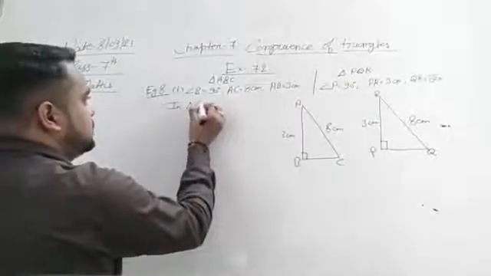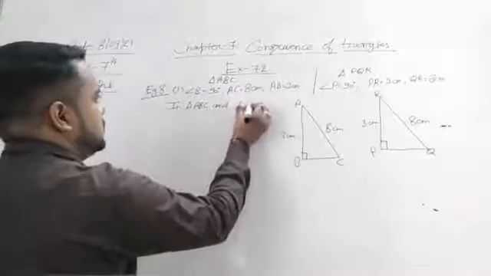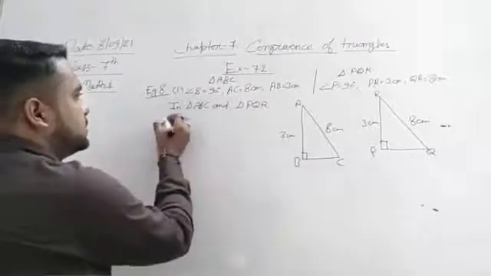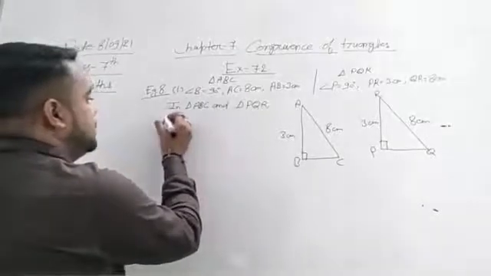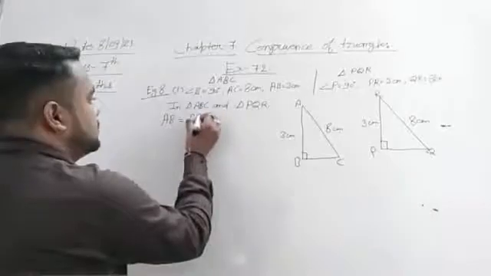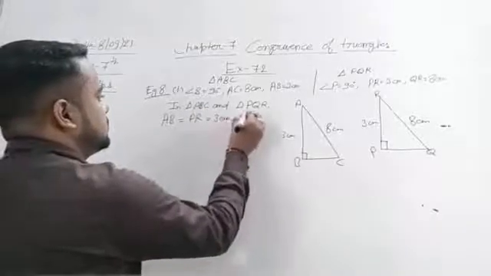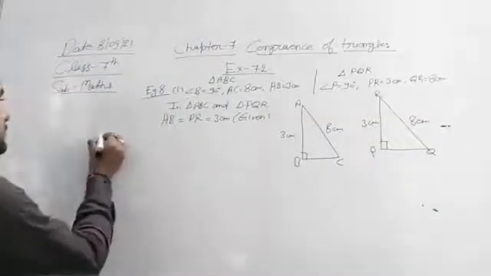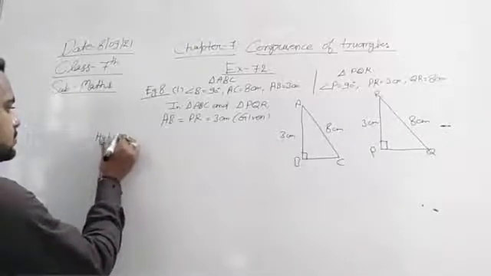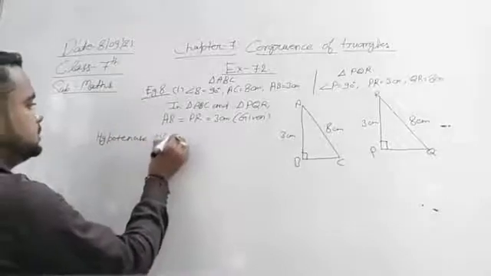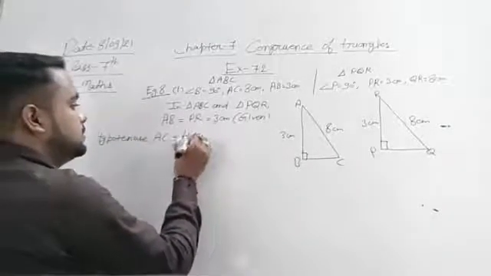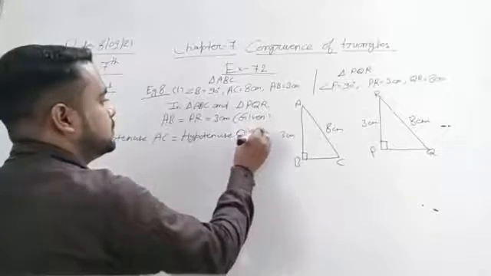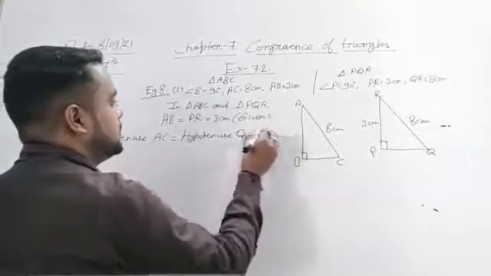In triangle ABC and triangle PQR, one side, that is side AB and PR, AB equals to PR, 3 centimeter, and the hypotenuse AC in triangle ABC and the hypotenuse QR in triangle PQR are both equal and 8 centimeter, given.